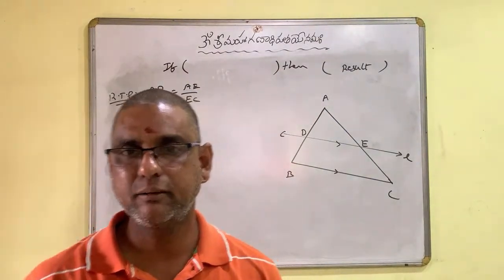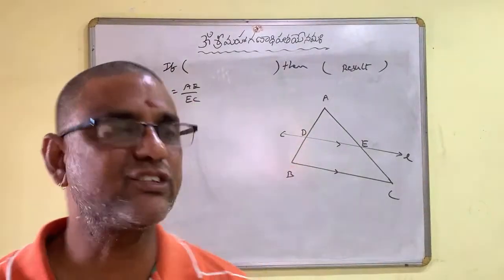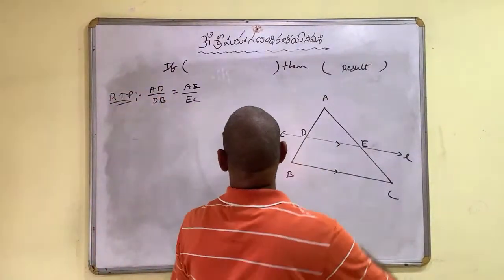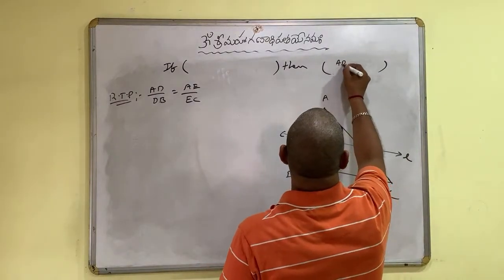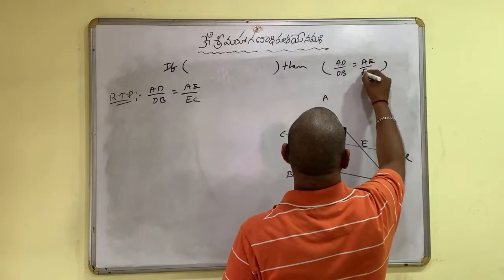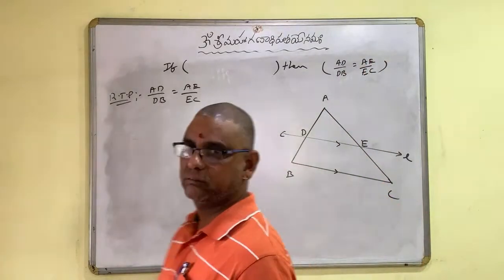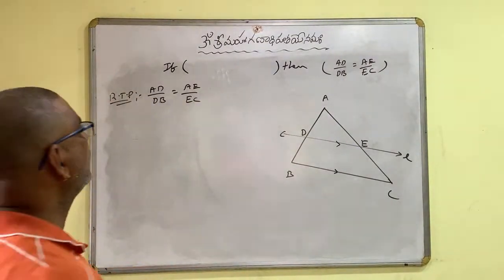Is that right? We will get the result. Here the result is AD by DB equals AE by EC. This is the result. Okay. Now what is the condition?